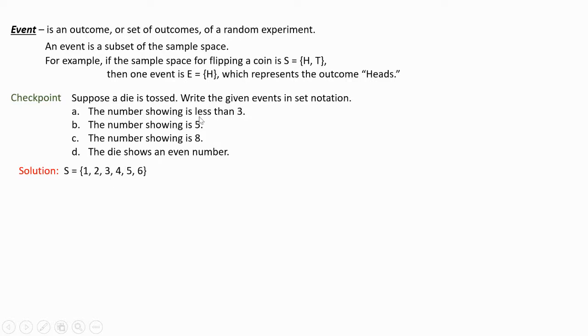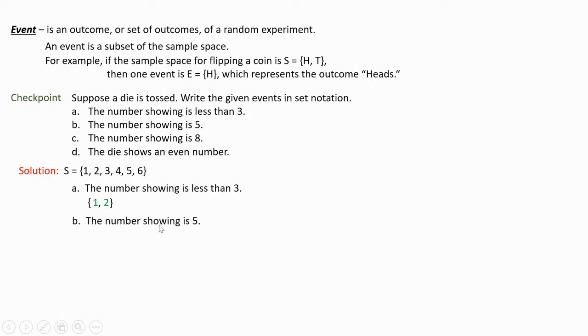So for the number showing is less than 3, it can be 1, because 1 is less than 3, or it can be 2 because 2 is less than 3. So this is the result for A. It can be 1 or it can be 2. That's the event for the number showing is less than 3.